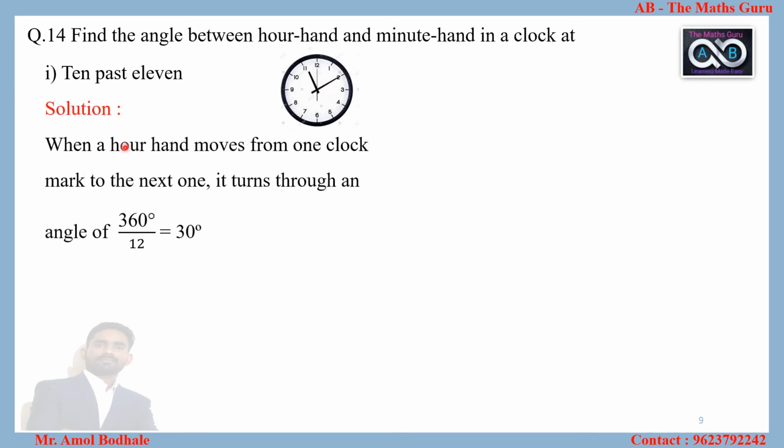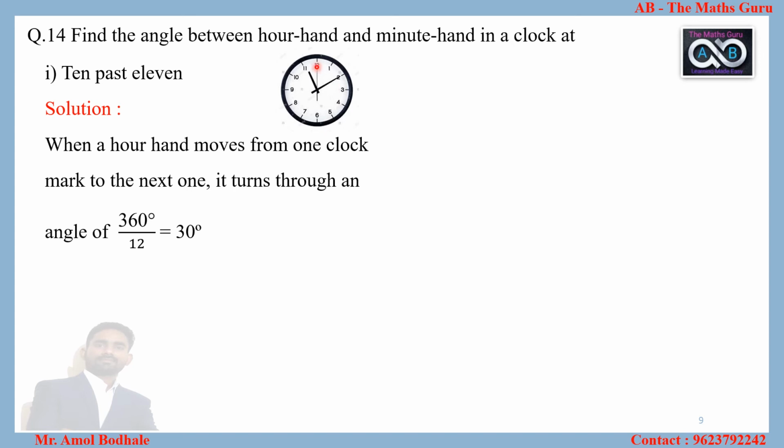When the hour hand moves from one clock mark to the next one, it turns through an angle of 360 upon 12, which is 30 degrees. As we know, the measurement of a circle is 360 degrees, and there are 12 marks here, 1, 2, 3 and so on.